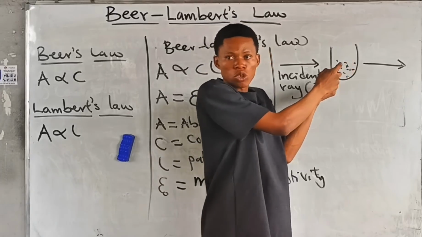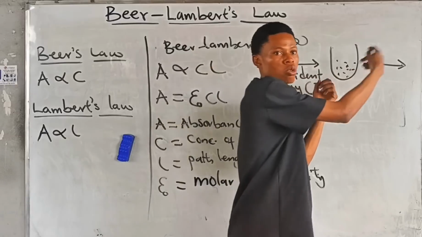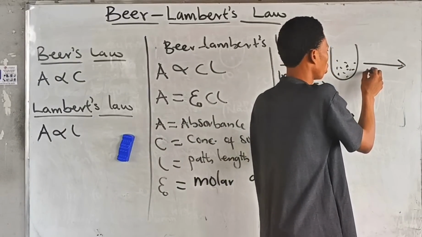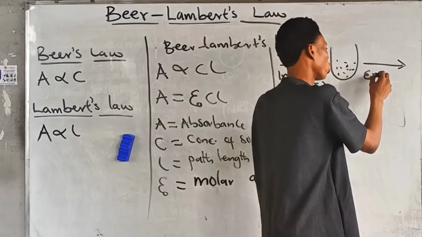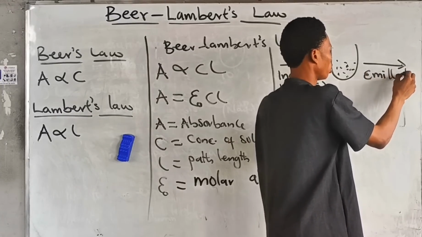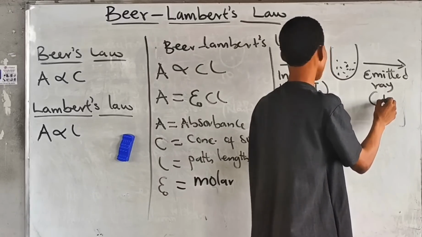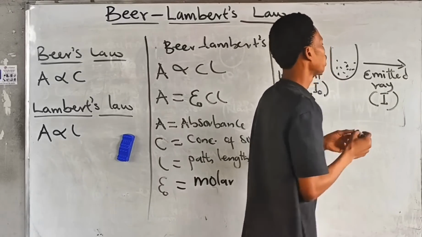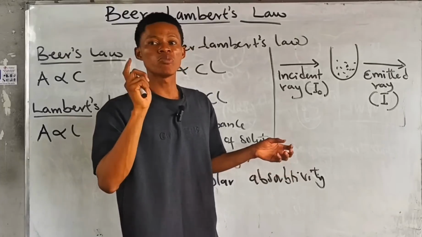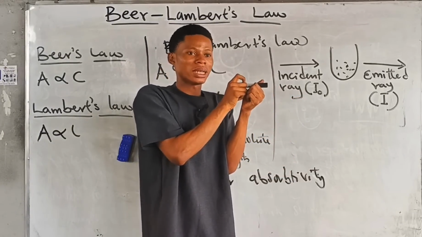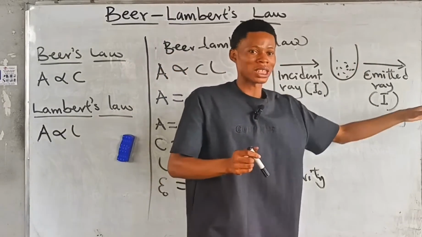Then some of the light will be absorbed, while some will be emitted, is it not? This one is called the emitted ray, or refracted, and it is given as I. Now, let's say you know the amount of light you incident and the amount of light that is going out.